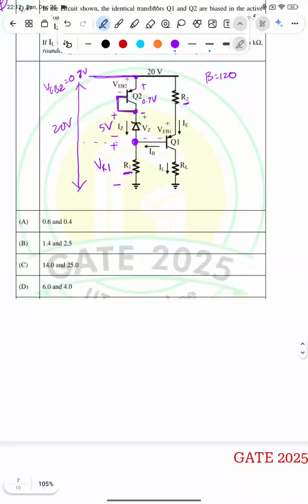From the circuit, VR1 is 20, the net voltage, minus the voltage drop across the emitter and collector of Q2, that is 0.7, minus the voltage drop across the Zener diode Vz, that is 5. So this will be equal to 14.3 volt.